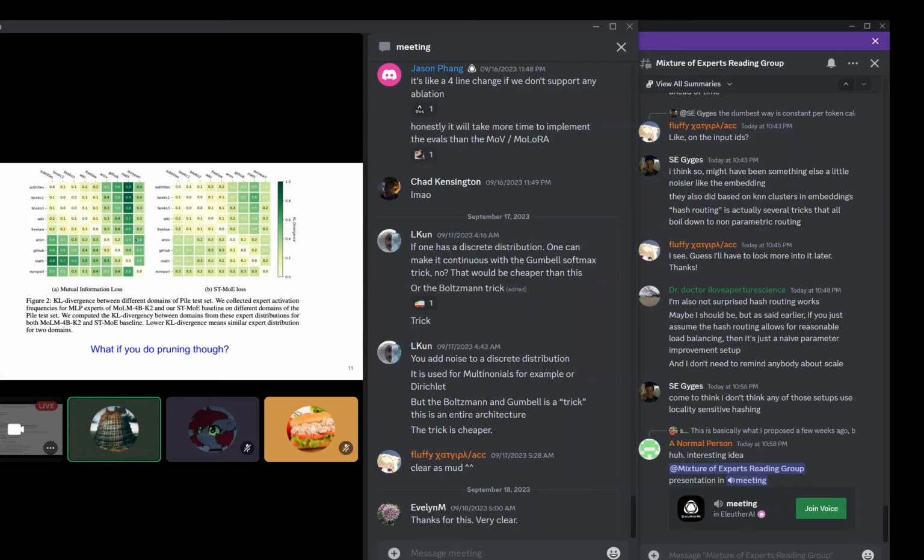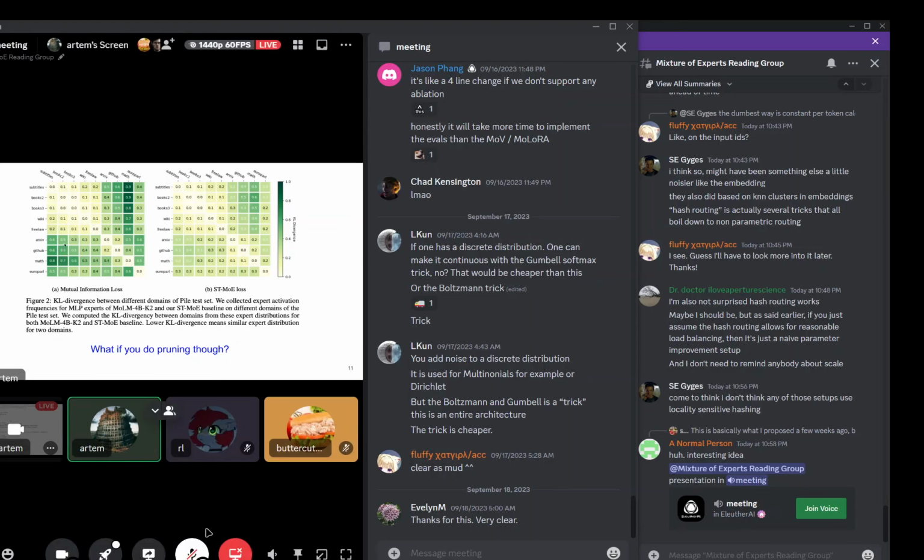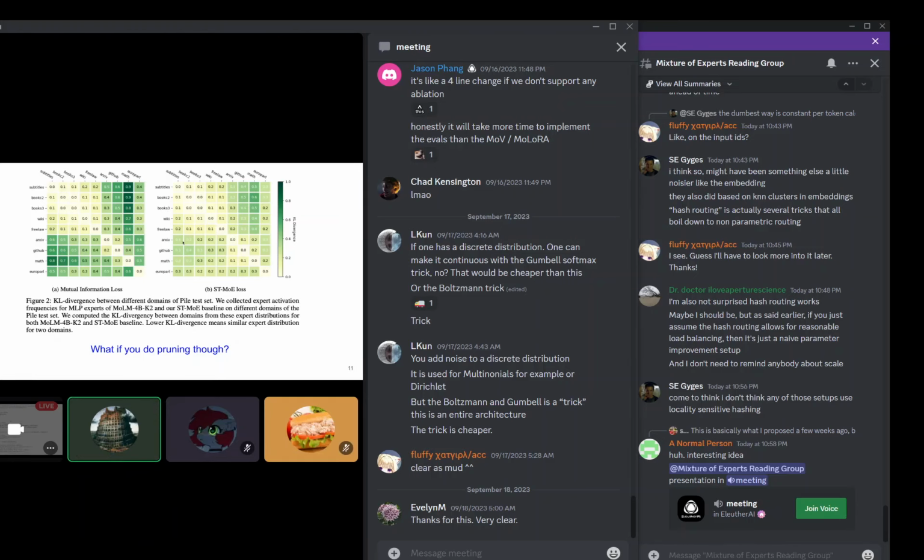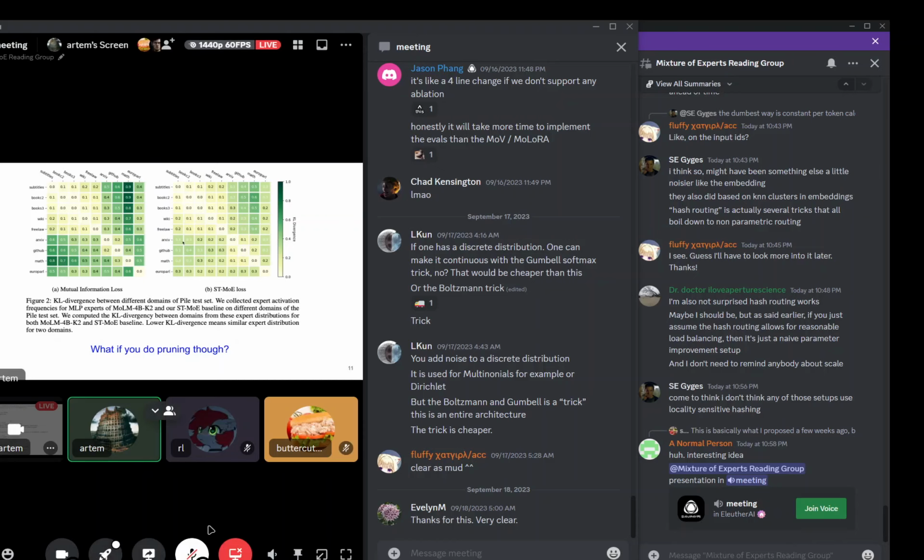The idea is we want a high divergence between math and law, or GitHub and books, and ideally you would want those assigned to different experts.